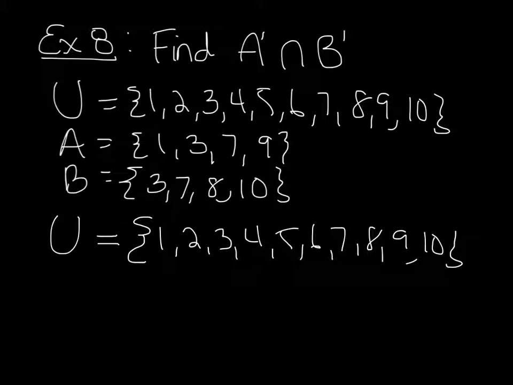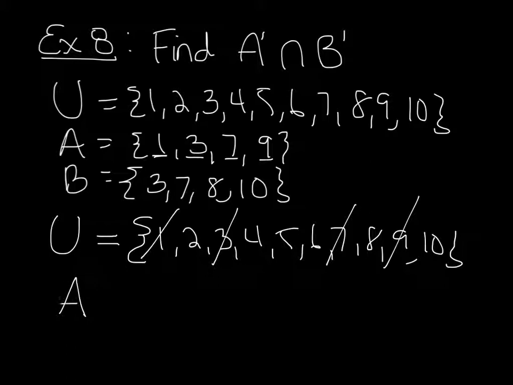But I don't want the elements in A. So the elements not in A are, let's see, what do we have? A is 1, 3, 7, and 9. So I cross those out.